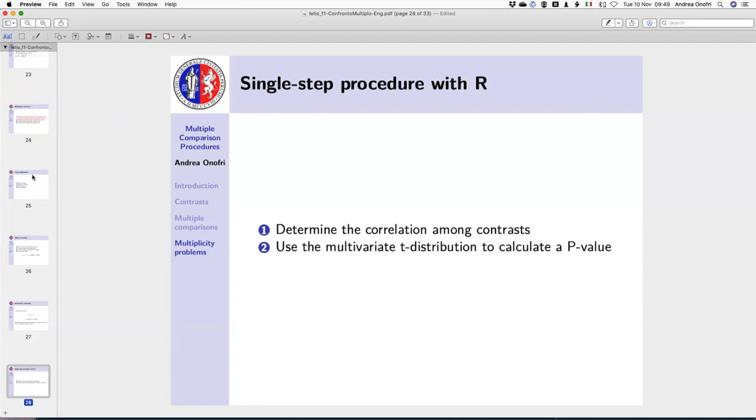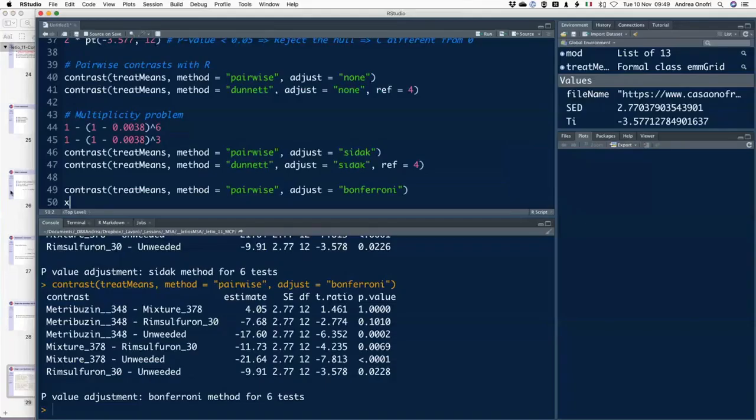And the contrasts are correlated among each other because they use the same error. So they are correlated. And we need to take that correlation into account. And if we take that correlation into account, we can make an adjustment which is more precise and less conservative. And that's the way we do. So it is the default method in R, and it's okay in 90% of the cases. So we just need to know this.